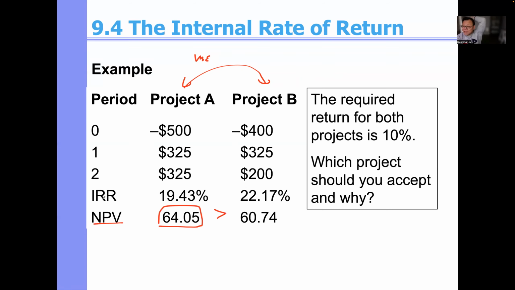However, if you take a look at the IRR, the internal rate of return, actually project B is doing a better job, at 22.17%, okay? So you cannot take both. Which one should you accept, right?